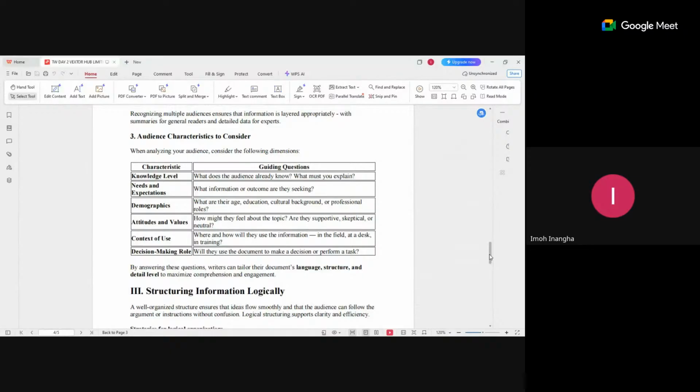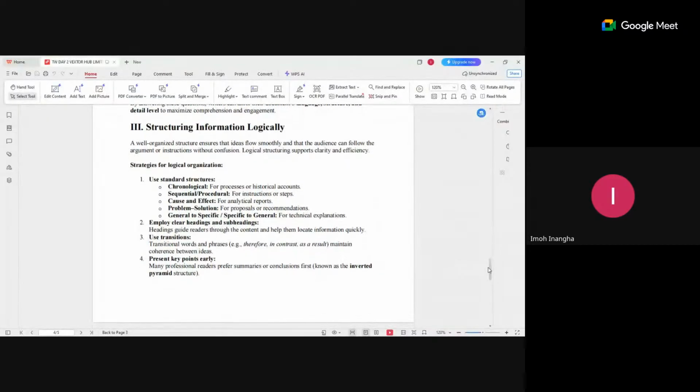Yes, so we have two projects to look into. Now, consider all these characteristics and guideline questions. By answering these questions, writers can tailor their document language, structure, and detail level to maximize comprehension and engagement.